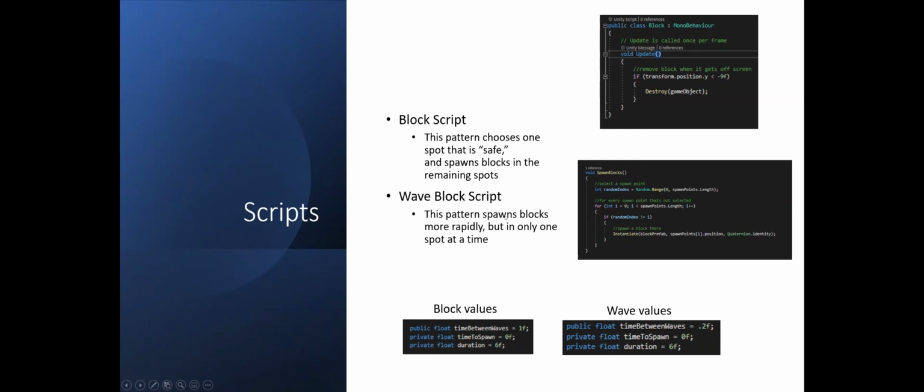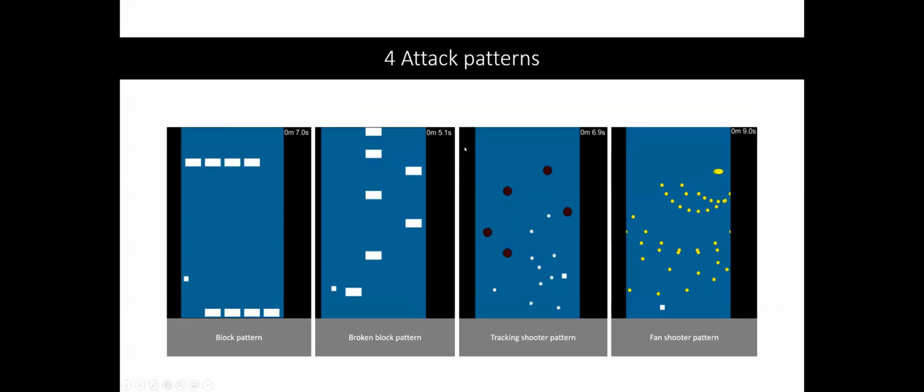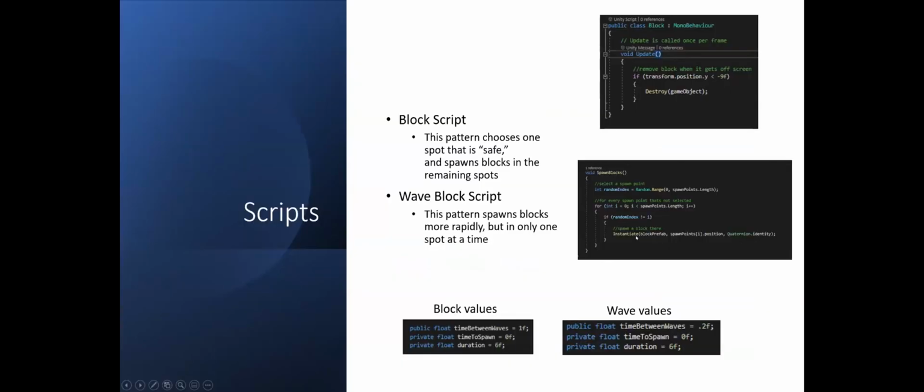The second picture on the right is basically just so my spawn points have 5 possible spots. So for the initial pattern where there's only 1 safe spot on the side, it would choose a random value and then not spawn the block there, if that makes sense. So there'd be 1 safe spot, and then for the other one, it would just choose 1 spawn point at a time, although faster.